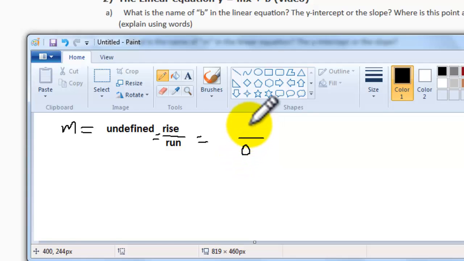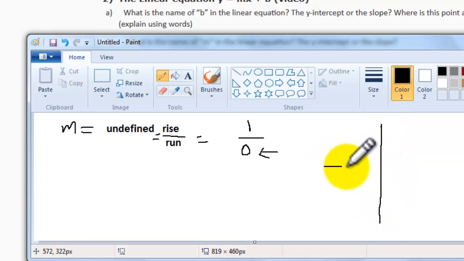And that's a problem. Any fraction with a denominator of 0 is undefined. It's not a real number. You cannot have 0 in the denominator. I'm not going to go into a long explanation about that. Let's move on.